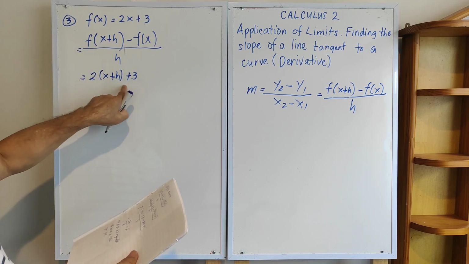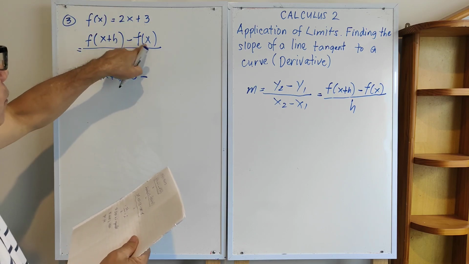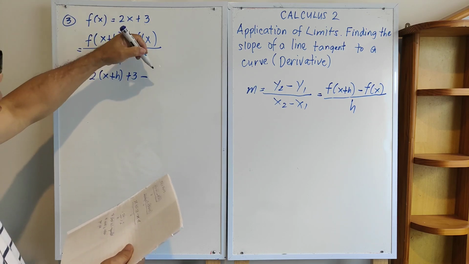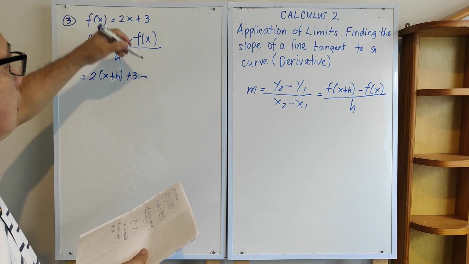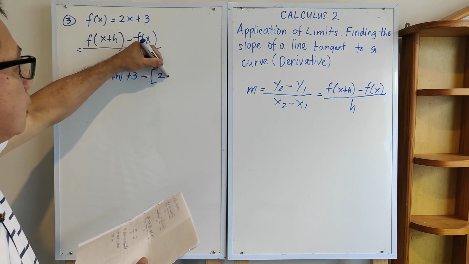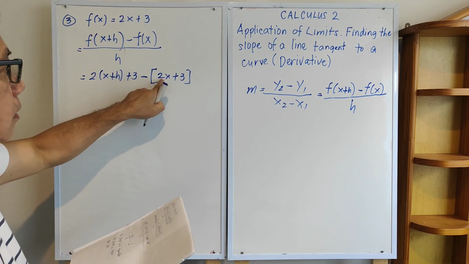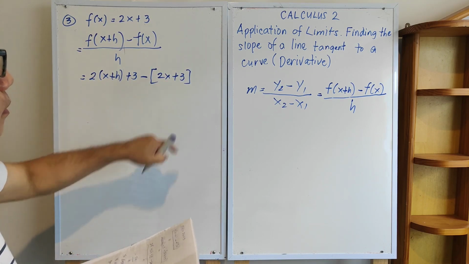This is the function of x plus h minus the function of x. So function of x is this one. So be careful, you have to put it in parentheses, 2x plus 3. If you don't put the parentheses, the negative sign will only go to 2 but not to 3.